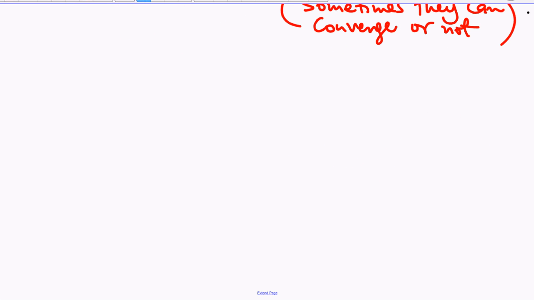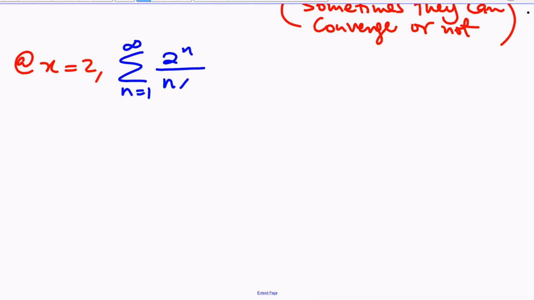All right. So at x equals 2, we can start with that one. Our series will become the sum from n equals 1 to infinity of 2 to the power n over n multiplied by 2 to the power n, which simplifies, because these guys will cancel, right?